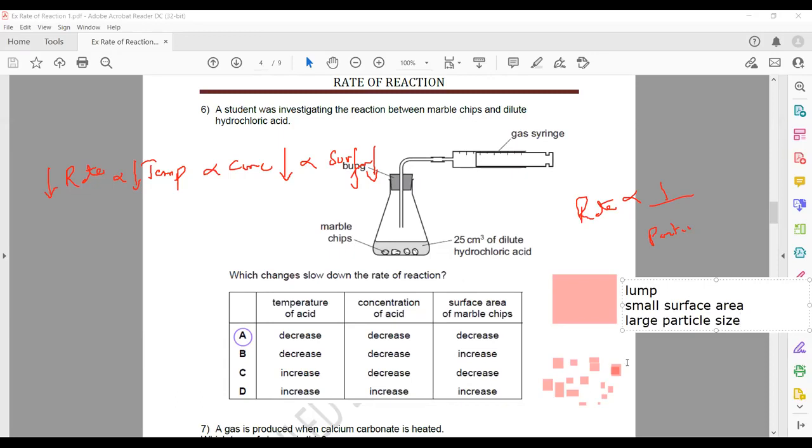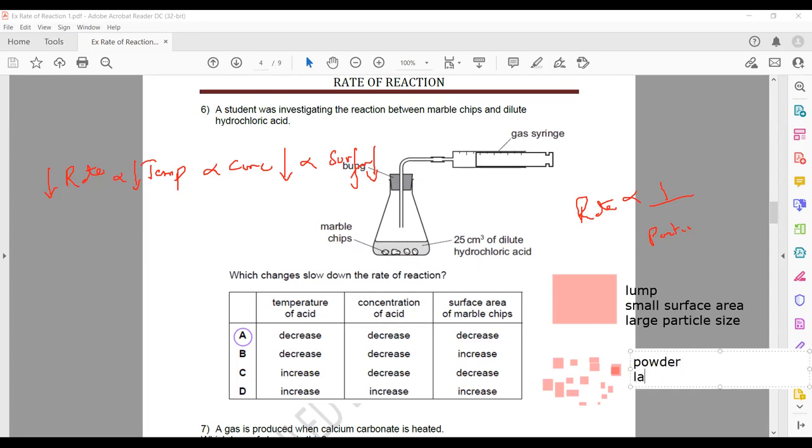And powder has a large surface area, or a small particle size. So we should decrease all of them to decrease the rate.